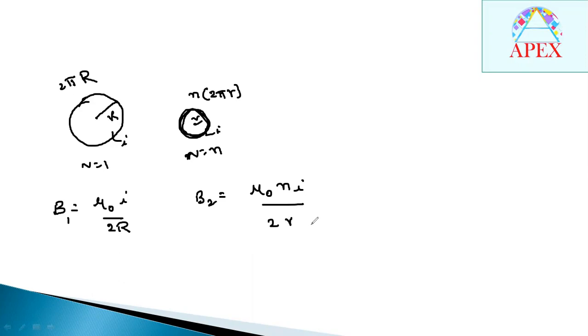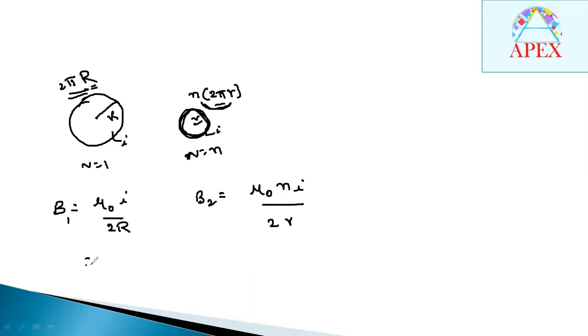When you want to take the ratio of both of them, better you write capital R in terms of small r. In this case and this case, the total length is the same. So in terms of capital R, you can write small n into r.